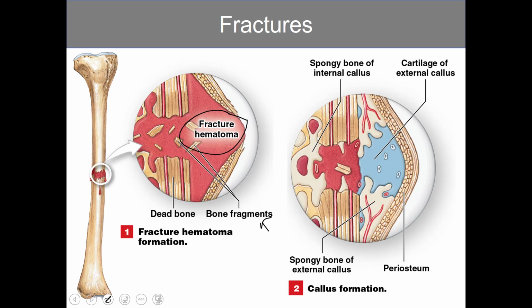So here you get the formation of the external callus as well as the internal callus within the medullary cavity. And that's going to stabilize. So you get the formation of cartilage and then bone, and that's going to reestablish the integrity of the bone while it continues to heal.